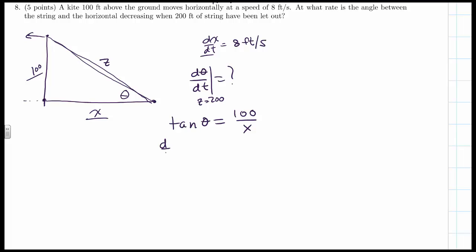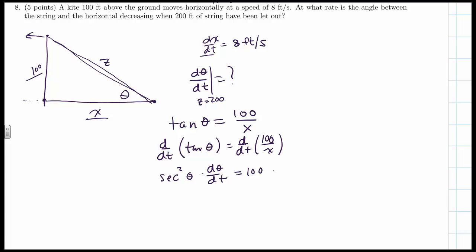And of course, if I take the derivative of both sides of that equation with respect to t, I'm going to get secant squared theta d theta/dt is equal to negative 100 over x squared dx/dt.